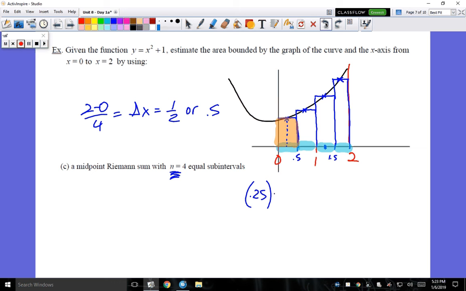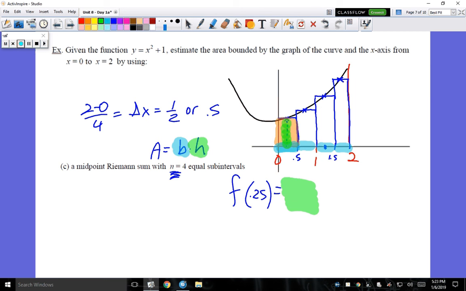Okay? So you're trying to do what is f of 0.25 so that you have your y value. Otherwise, your height. Okay? Because remember, area is base times height. Otherwise, the base here times the height of whatever this is. That is what we're going to get.